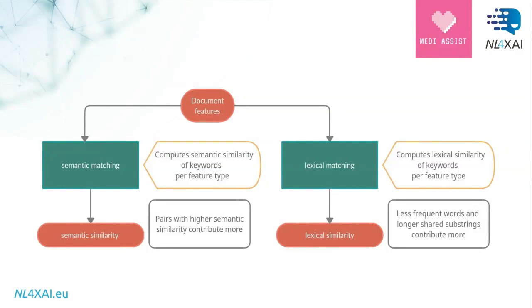On the other hand, we have a semantic matcher, which is based on spaCy embeddings, and it also computes semantic similarity between two sets of keywords by feature type. And here again, pairs with higher semantic similarity contribute more to the overall semantic similarity score of the documents.